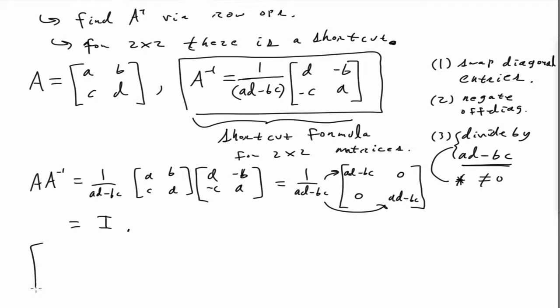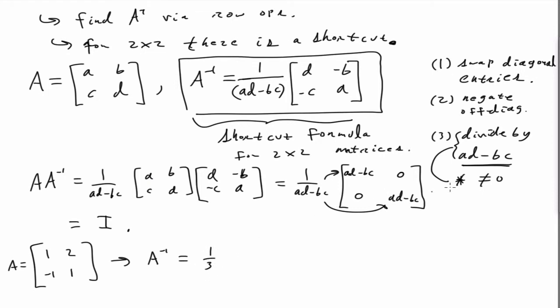So let's go back to our original problem that we did on the previous page and see if we can do this. A inverse, I said, was going to be equal to 1 over AD minus BC, so 1 minus a minus 2, which is going to be 1/3.